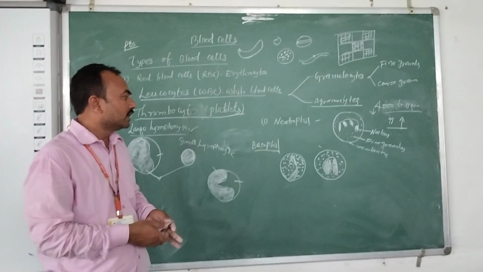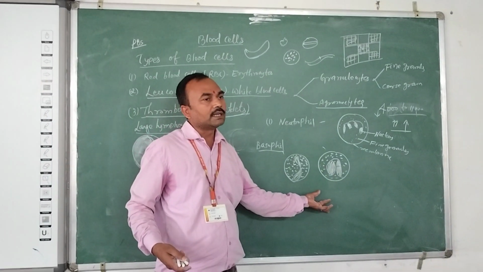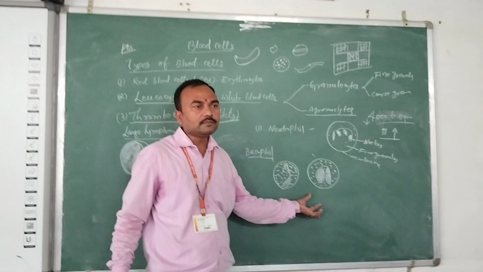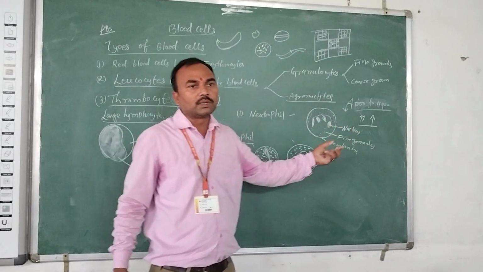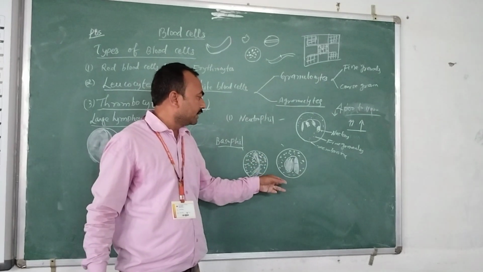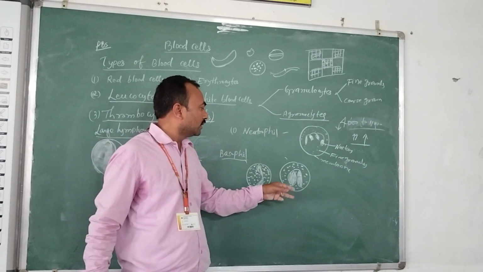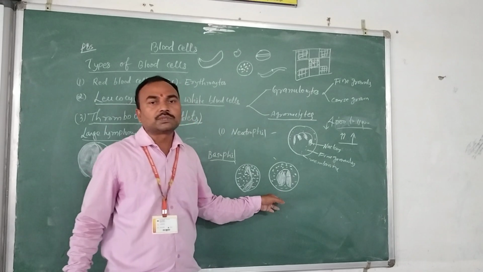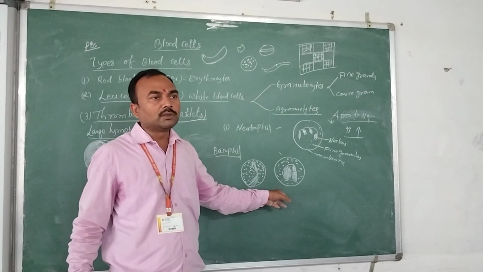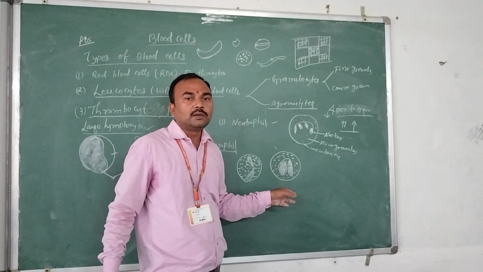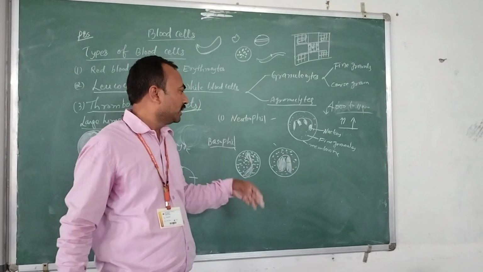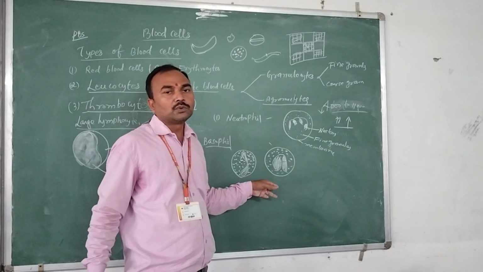In a similar way, suppose the eosinophil number is higher than the normal range and the WBC count is higher, then we have to write eosinophilic leukocytosis, or eosinopenic leukocytopenia.